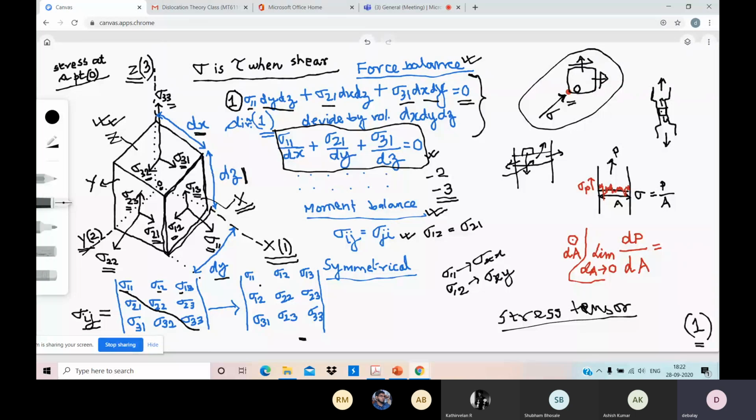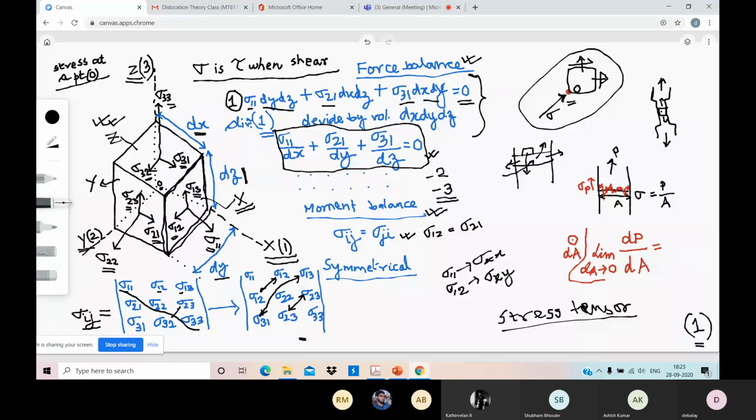That means these two terms are the same, these two terms are the same, and these two terms are the same. So the shear stresses 1 2 and 2 1 are the same, 1 3 and 3 1 are the same, and 2 3 and 3 2 are the same.